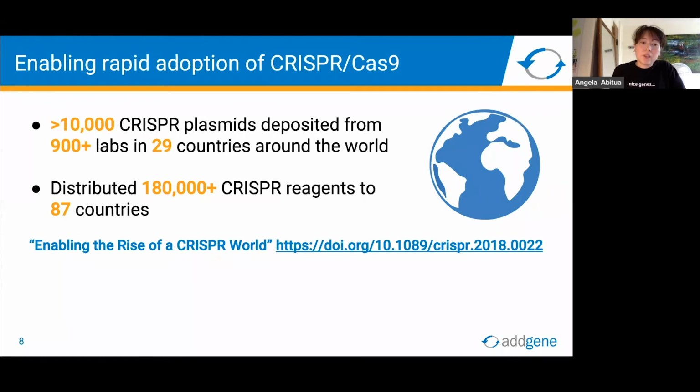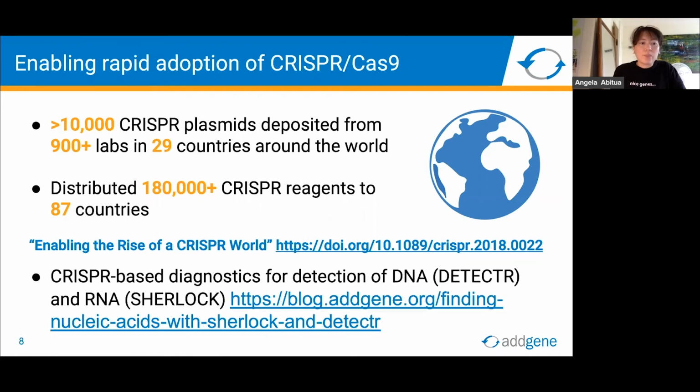And if you're interested in learning more about this, you can read this article that was published in the CRISPR journal. And I also wanted to add that of these CRISPR-based tools that are available through Addgene, there were 2 labs that developed CRISPR-based diagnostics.